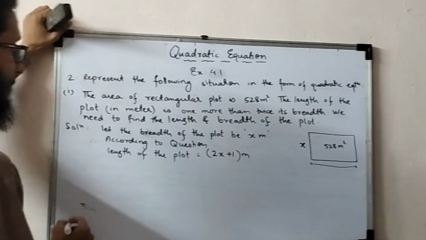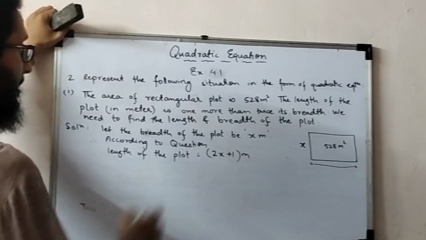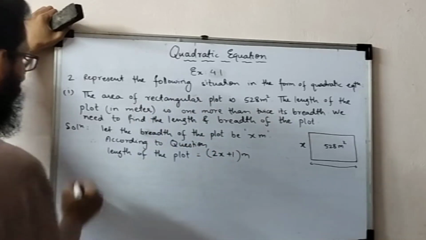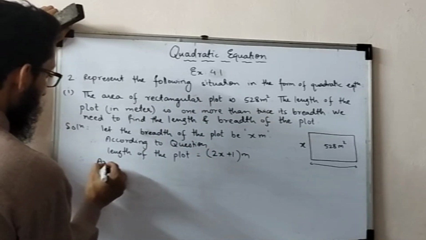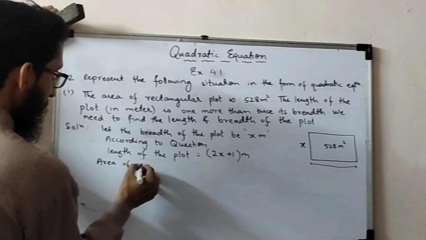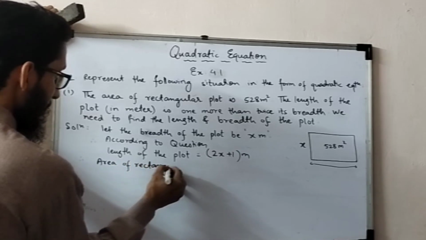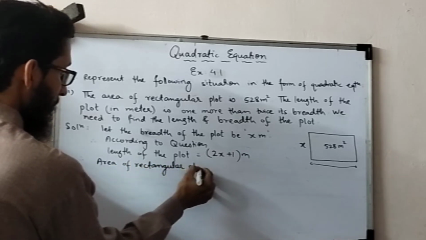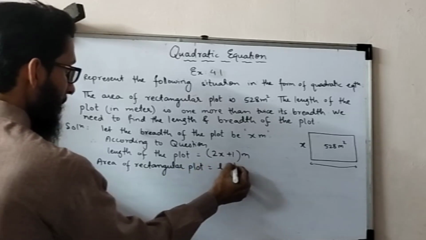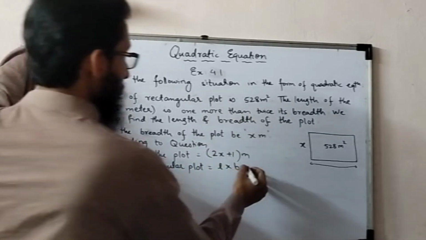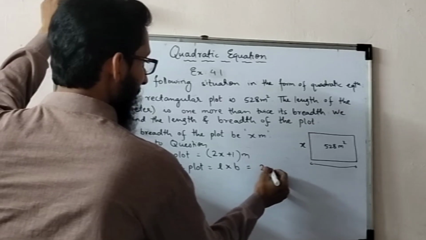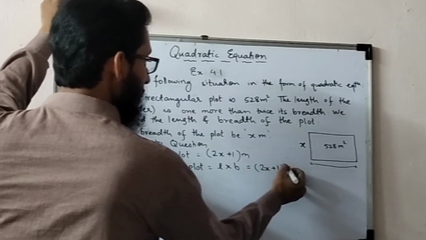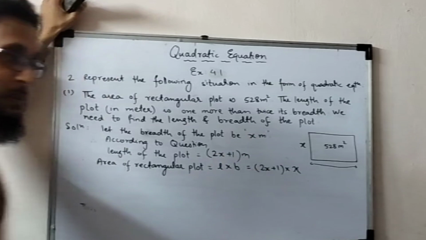Now, as we know, this is a rectangular plot, therefore the area of the rectangular plot will be length multiplied by breadth. So what is length? 2x plus 1. What is breadth? x. दोनों को हमने मल्टीप्लाई करना है.